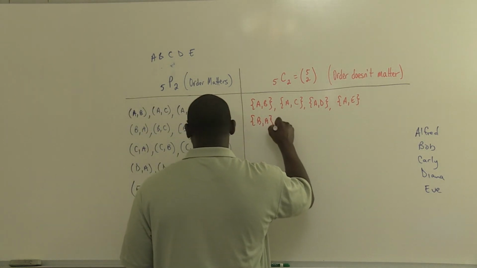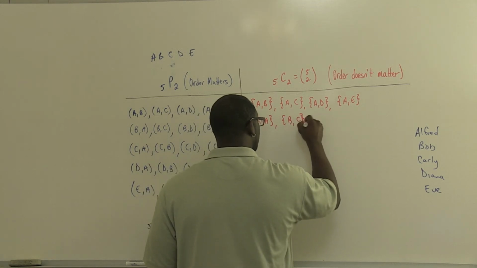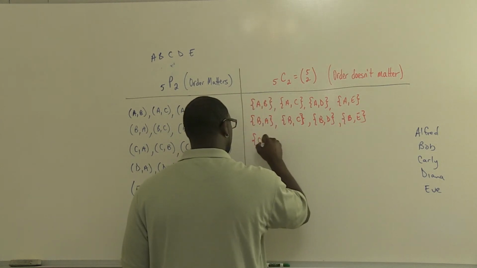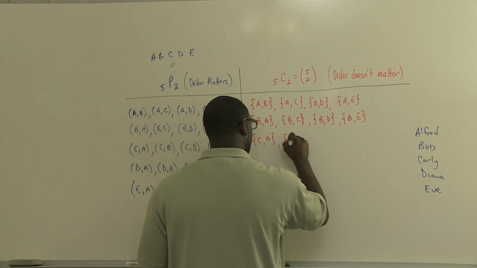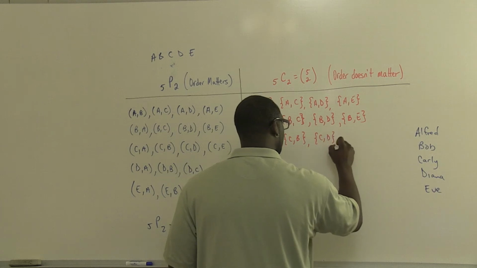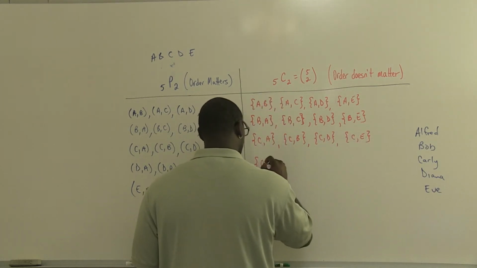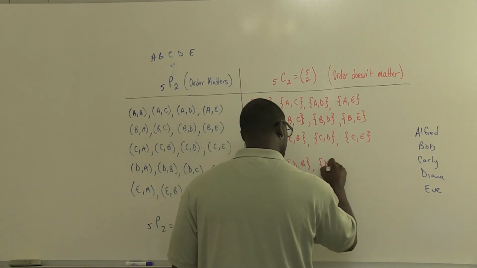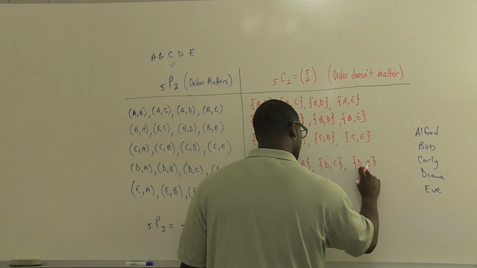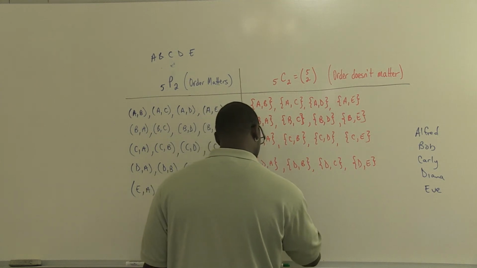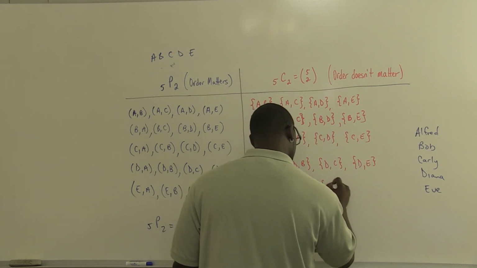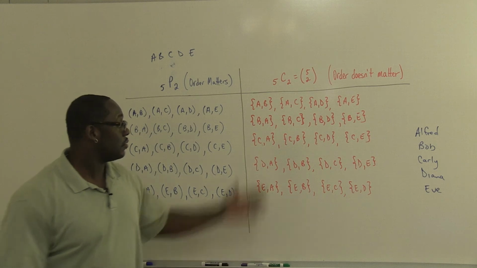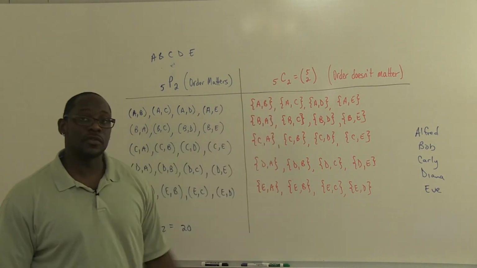And so I'll continue on and list all of this. All right, and so we're done listing our proposed sample space for the combinations.